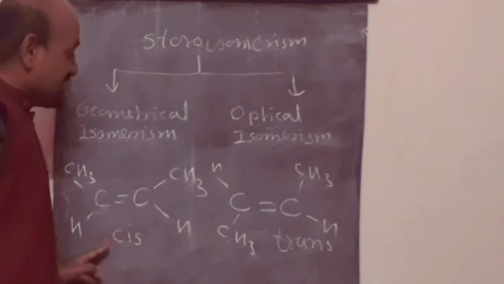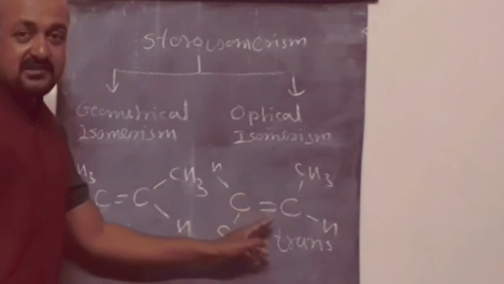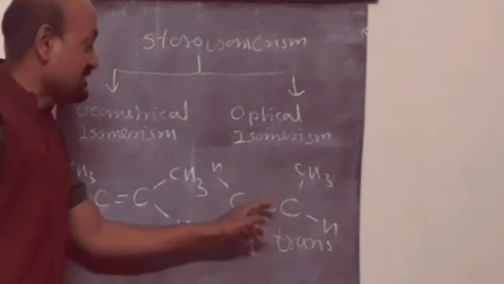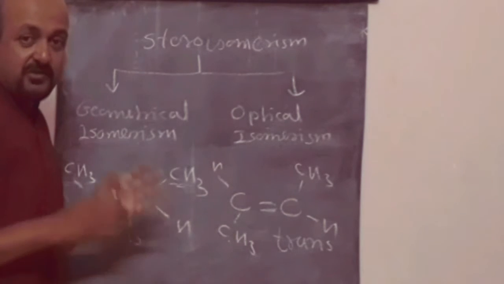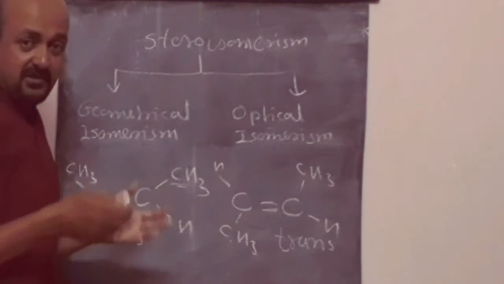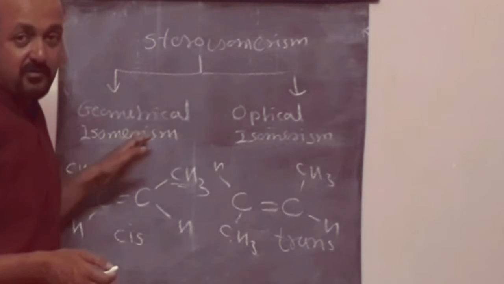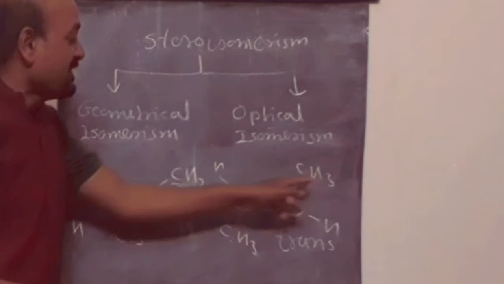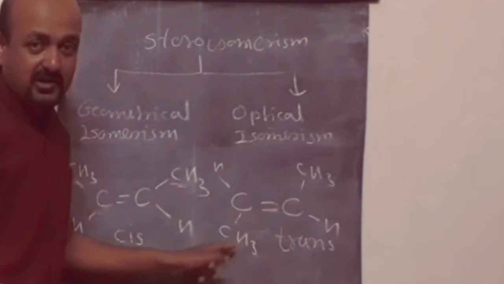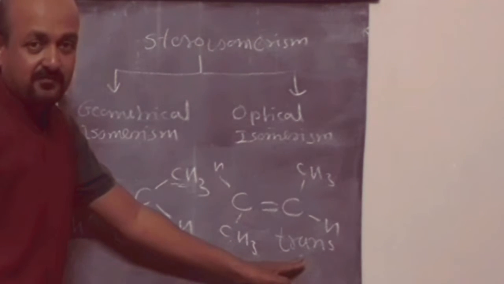So this is the cis isomer and this is the trans isomer, because there is no free rotation about the carbon-carbon double bond. That's why the position of the group is fixed in space. If similar groups lie on the same side of the double bond, it is known as the cis form, whereas if similar groups lie on opposite sides, it is known as the trans form.